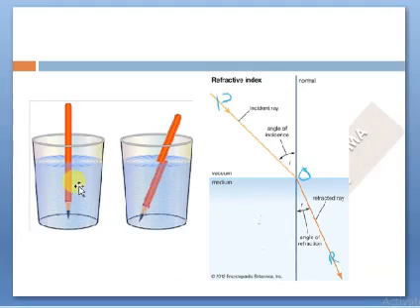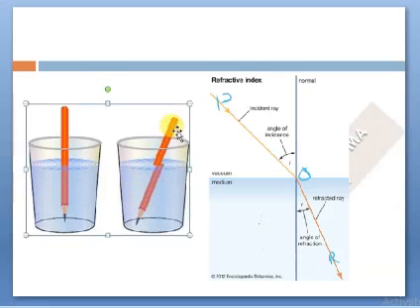Now let's look at this diagram. Look at this pencil inside a beaker of water. As a result of refraction, you can see how the pencil looks. The pencil appears as if it is broken, and this is as a result of refraction.